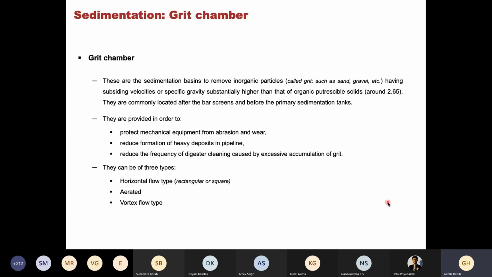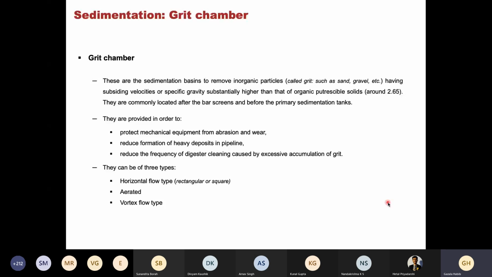The grit chamber is provided to protect mechanical equipment like pumps from abrasion, wear and tear, and to reduce the formation of heavy deposits in pipelines if this grit remains in water or wastewater.